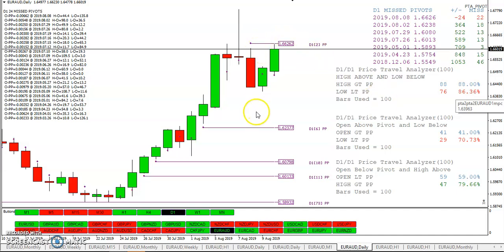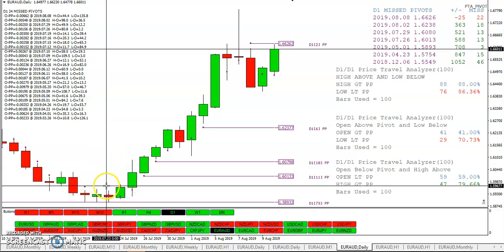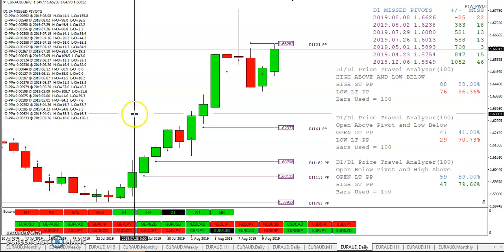So for example, let's see, where did we have a pivot that just got taken out? Well, for example, right here, this pivot didn't get hit on that day, but you can see, once again, it did get taken out 1, 2, 3 days later.